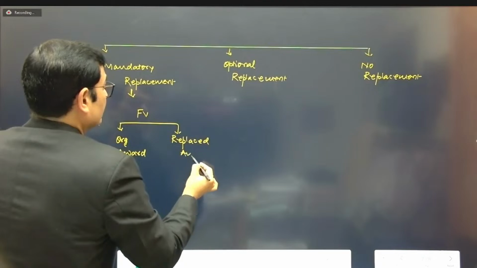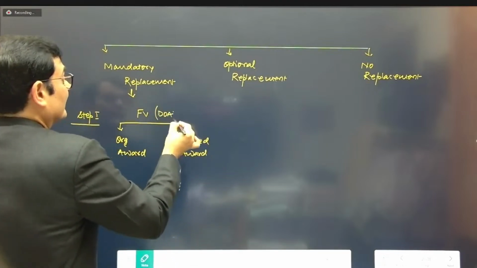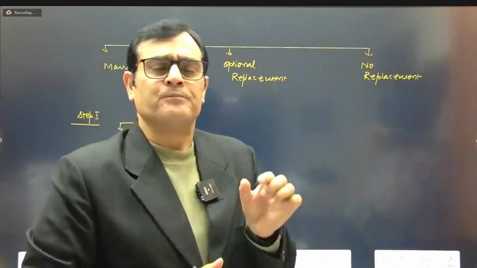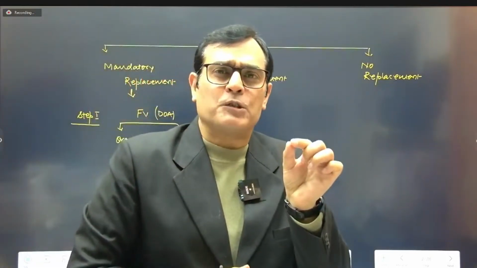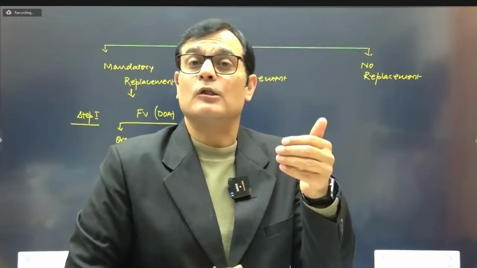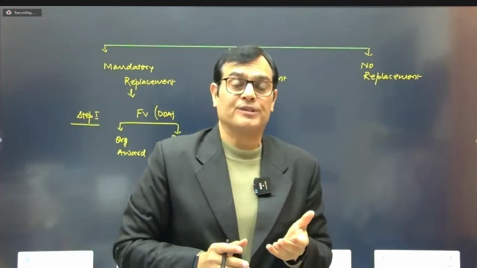So we're going to consider the fair value, and this is the fair value to be taken on the date of acquisition. Now you would say, what is that original award? The share-based payments which B gave to its employees earlier is the original award. We call the share-based payments awards.